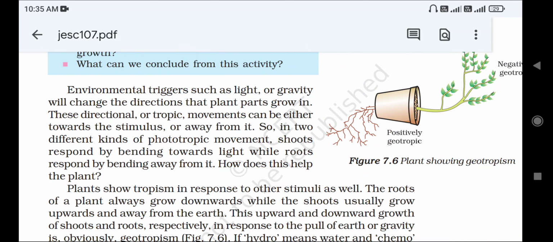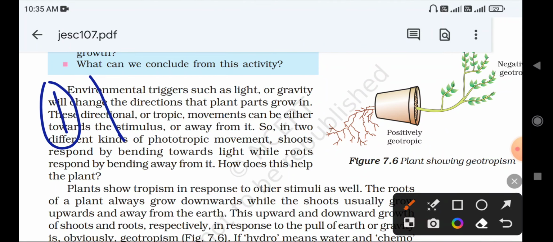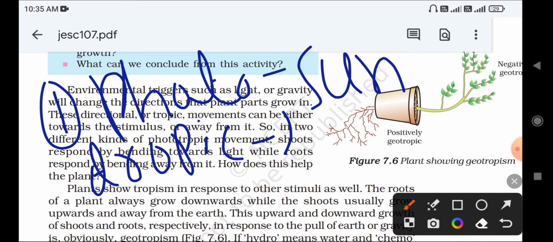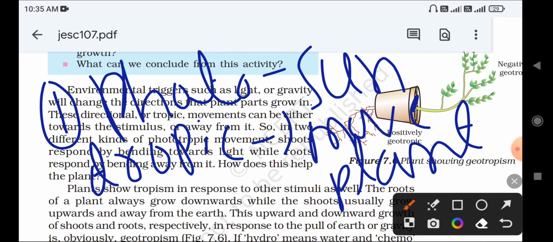They will ask what phototropism means, and we can write easily: photo means sun or sunlight, tropic means movement of the plant. The plant movement with respect to sun is called phototropism. We can easily understand and remember that.